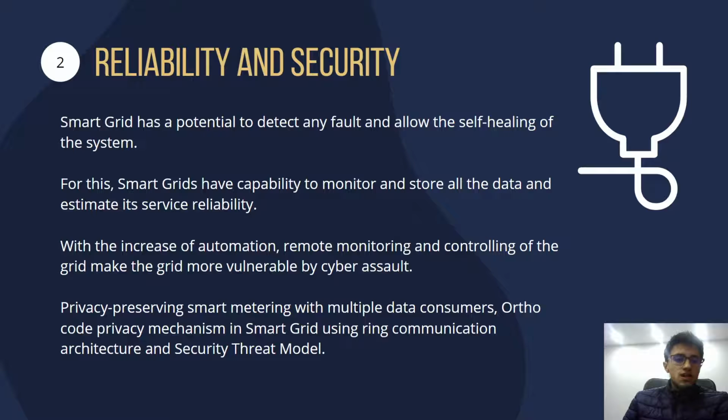So a smart grid has the potential to detect any fault and allow the self-healing of the whole system. This is basically control of errors automatically. For this, smart grids have the capability to monitor and store all the data and estimate service reliability.